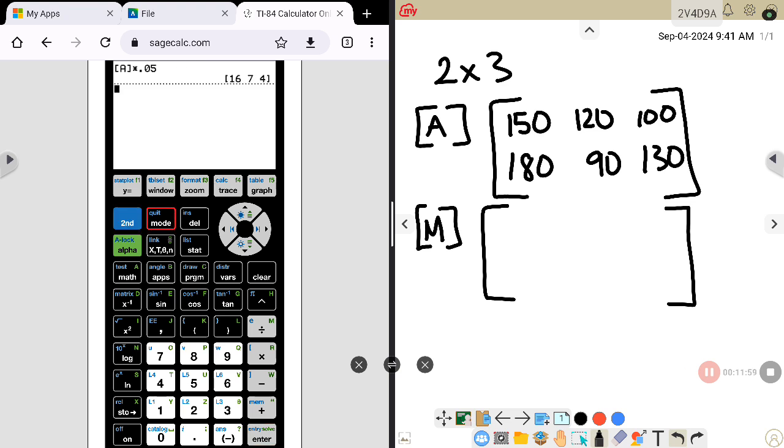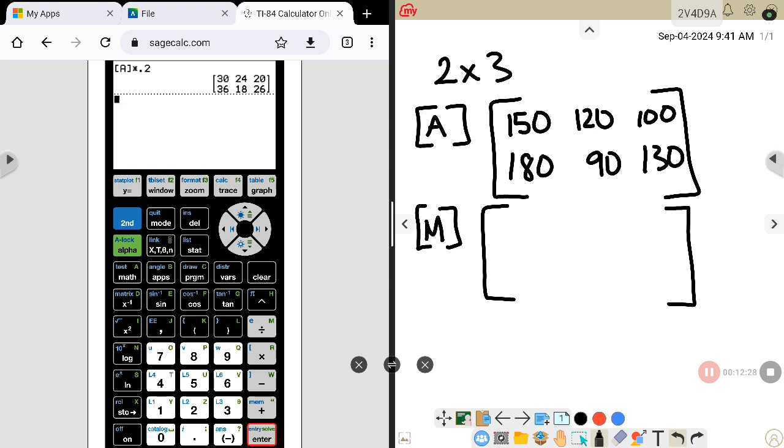So second quit. So I want this matrix that I have stored in my calculator. So second matrix A, so that 2 by 3 is the 2 by 3 that's over on the whiteboard. So I want to enter that and then multiply that times 0.2 for 20% and enter that.